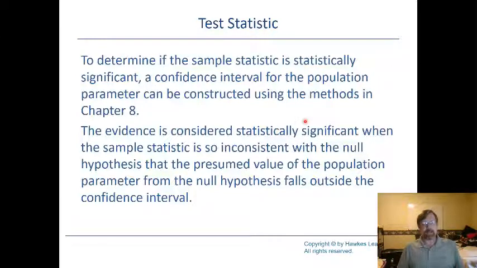In essence, your test statistic is looking at a confidence interval for the population parameter, constructed using the methods we talked about last week. We consider the evidence statistically significant when the sample statistic falls outside of the confidence interval for the presumed value of the population parameter.